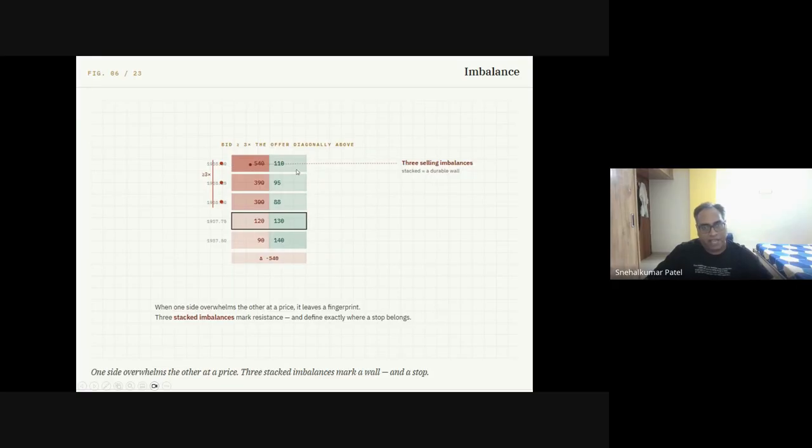When there is a heavy imbalance between the number of buyers and sellers, that depicts the aggressiveness of the buyers or sellers. In this particular case, the number of sellers is significantly higher. That means the sellers are dominating in this candle. They want to absorb all the orders or liquidity from the buyers. So when buyers want to buy, there are sellers available who want to sell at those prices.